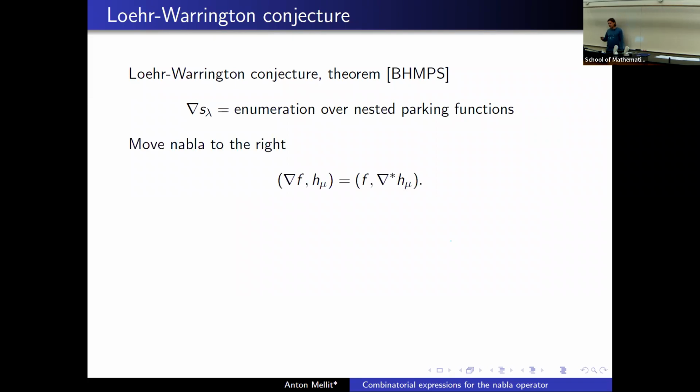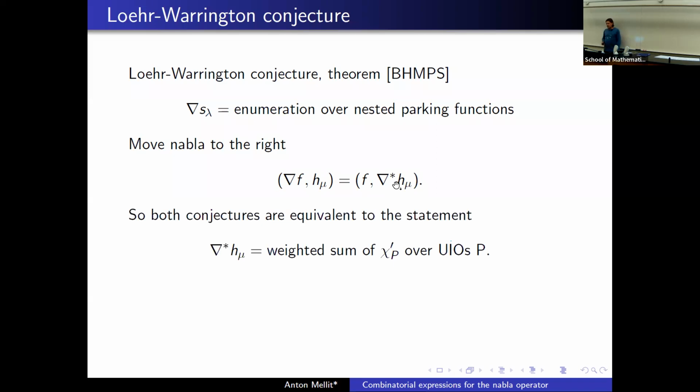Okay. Now, what do we do with this? We just move nablas to the right. Saying that nabla f scalar product with some complete homogeneous function is the same as f scalar product with the operator conjugate to nabla applied to the complete homogeneous function. And then basically both conjectures from our theory are equivalent.